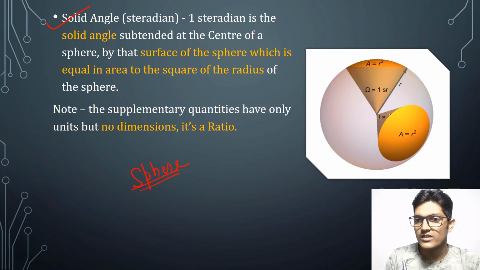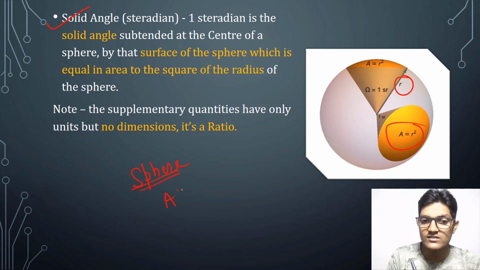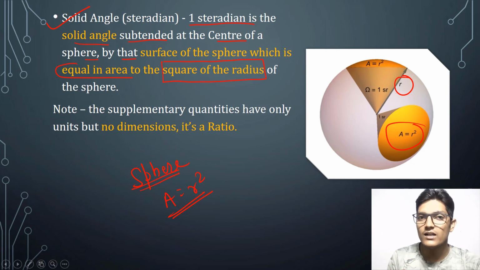If the radius of the sphere is r, and the area on the surface of the sphere is equal to r square, then 1 steradian is the solid angle subtended at the center of a sphere by that surface of the sphere which is equal in area to the square of the radius. Then we can say that the angle made at the center is 1 steradian.